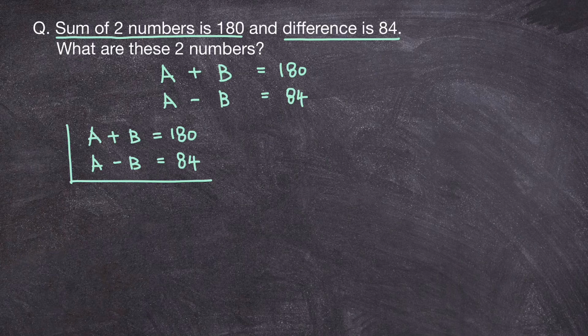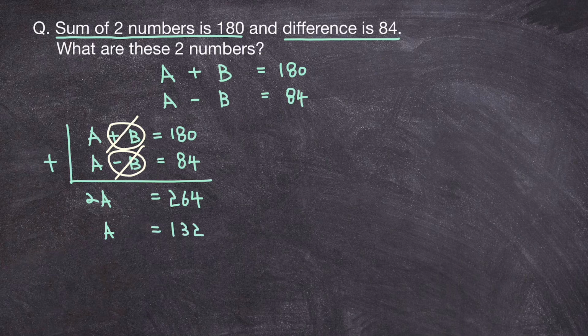In this case, if I add those two equations together, then I can eliminate the variable of B completely. And if I add those two equations, I end up with 2A is equal to 180 plus 84, which is equal to 264. Which means my A is equal to 264 over 2, or 132.